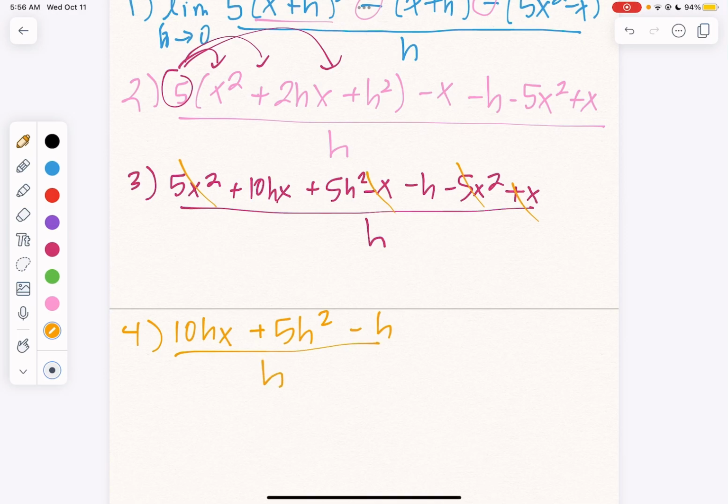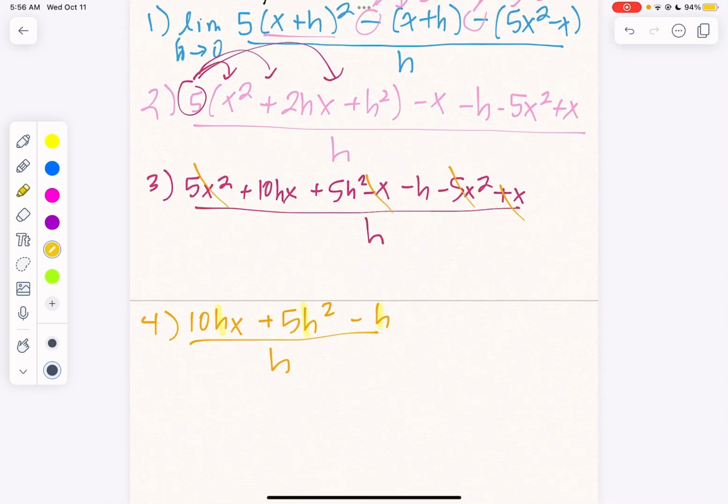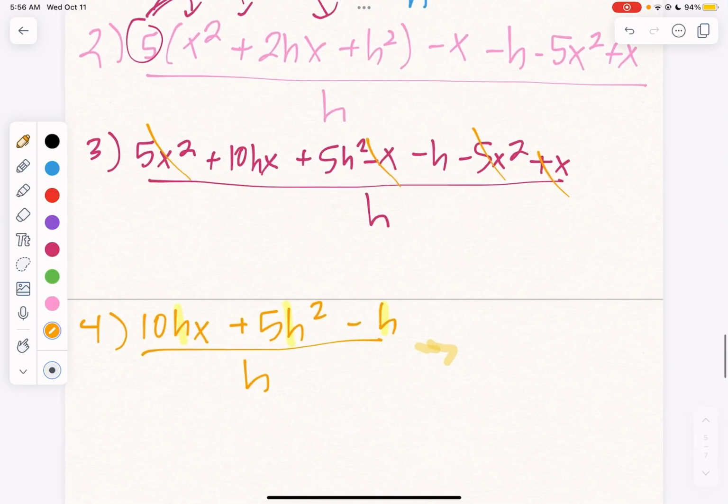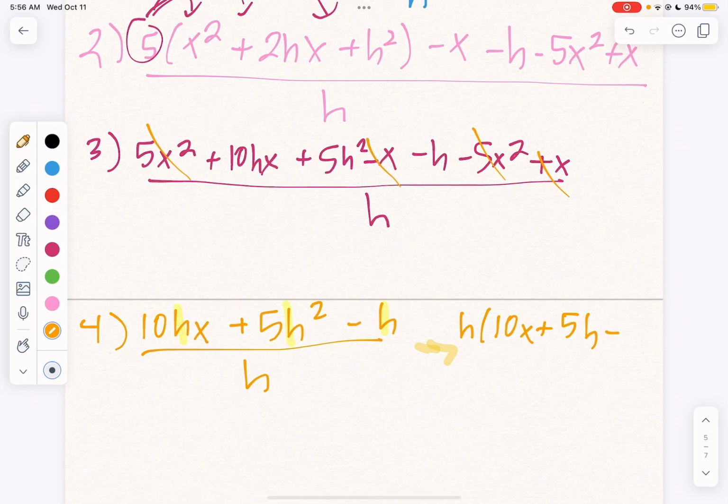And looky here, we can actually factor out each of these h's. So I'm going to go ahead and factor those out. We'll be left with h times 10x plus 5h, because you're just taking out h, minus 1, all over h.